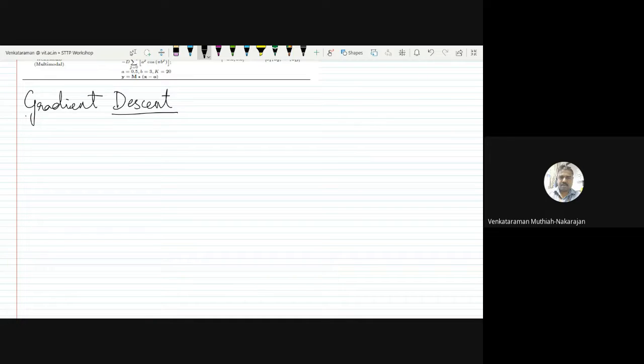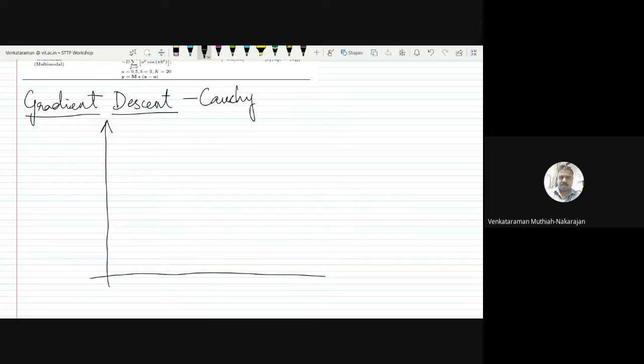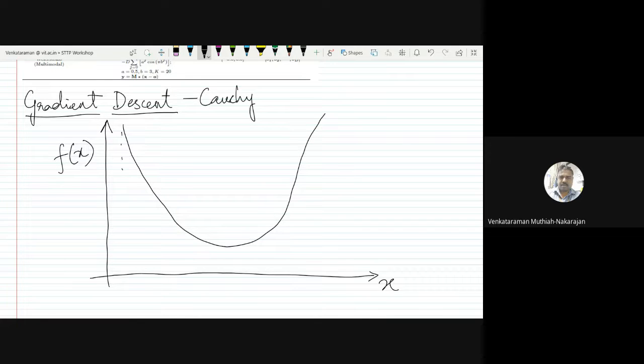The gradient descent is perhaps the most well-known algorithm for optimizing, and it was introduced by the mathematician Cauchy. The algorithm by itself is very simple, and it uses the gradient of the function to optimize it. Let us assume that we have a function defined by two corner points.